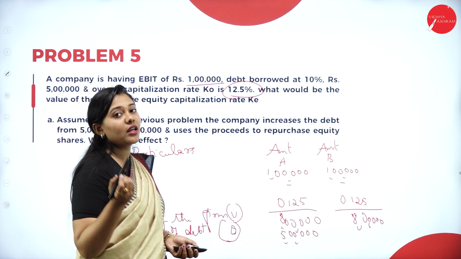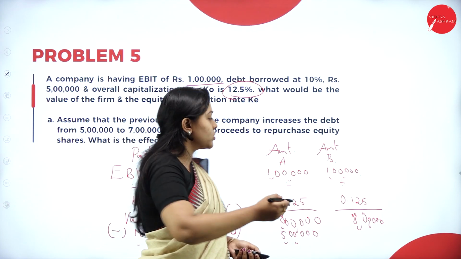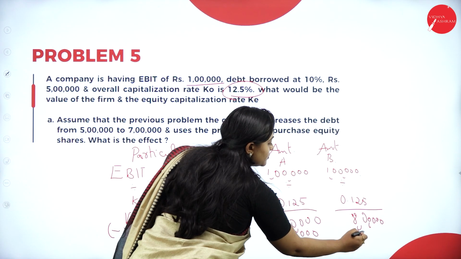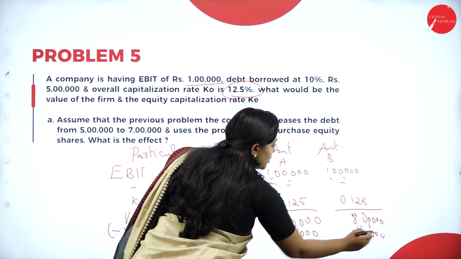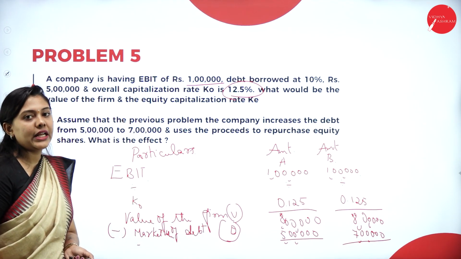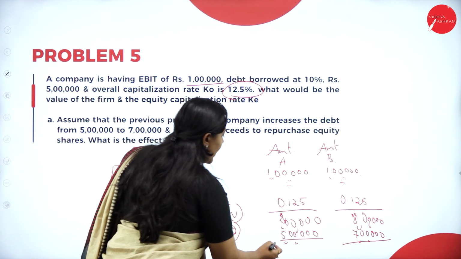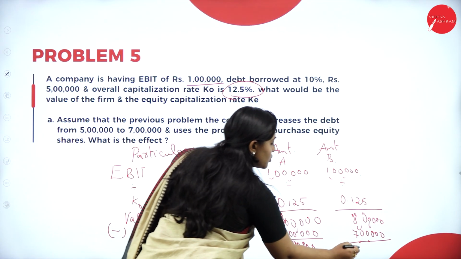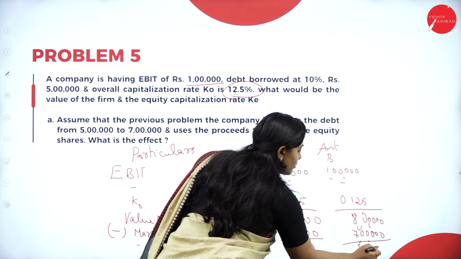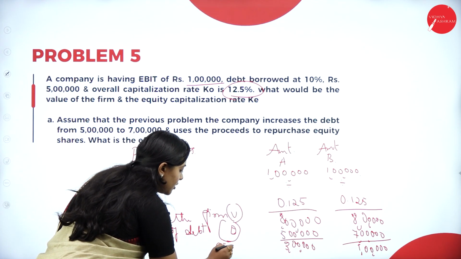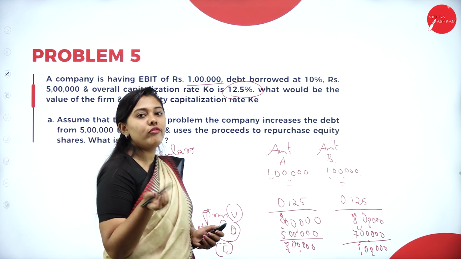And for the second case, what is the debenture, my dear students? It has been increased to 7 lakh. So whatever value we are getting, from 8 lakh to 5 lakh, it will be 3 lakh. So this is nothing but your E, market value of equity.